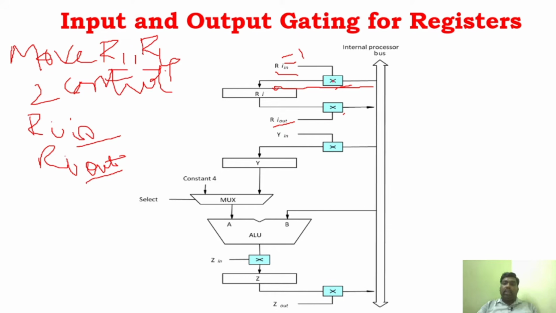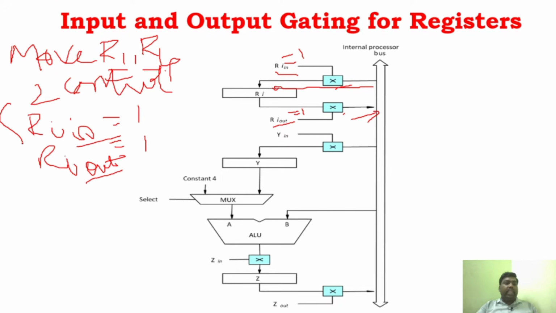Similarly, if Ri out is enabled, equal to 1, the content in the register Ri will be sent to the internal bus. So if Ri in is 1, data goes from the internal bus to the register, and if Ri out is 1, the content of the register goes to the internal bus.